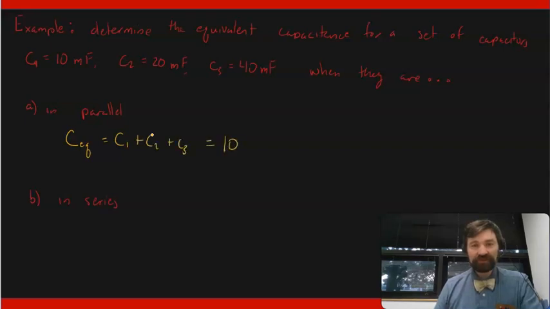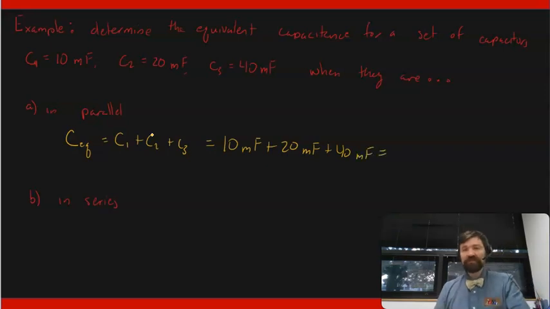And so that is 10 millifarad plus 20 millifarad plus 40 millifarad. That's relatively straightforward to add. This gives me a total of 70 millifarads. So my equivalent capacitance is 70 millifarads.